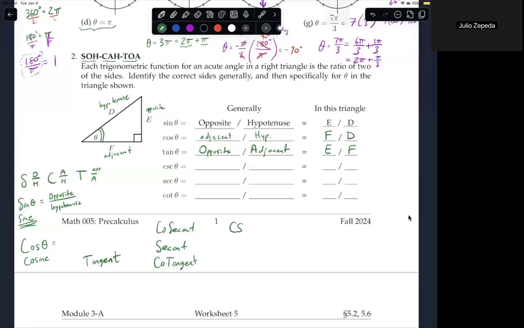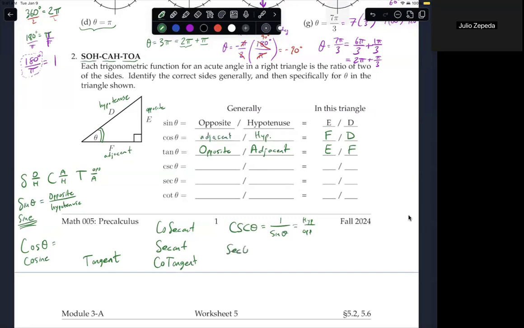So cosecant, it turns out, is just the reciprocal of sine. It's 1 divided by the sine of theta. And so it's going to be hypotenuse over opposite. Just flip the sine fraction over.